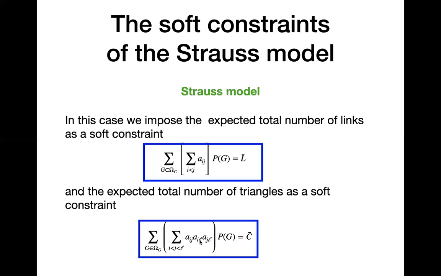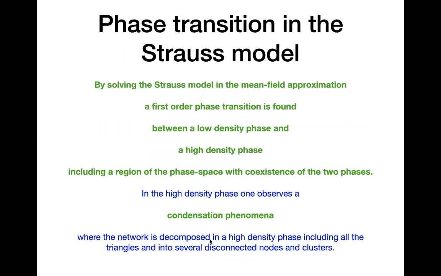You constrain the number of triangles in the network on average. This model is quite complicated, so we will not cover it. You have a first order phase transition between a low density phase and a high density phase, and this includes a region of the phase space with a coexistence of the 2 phases.